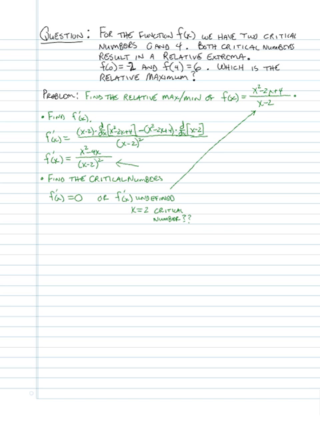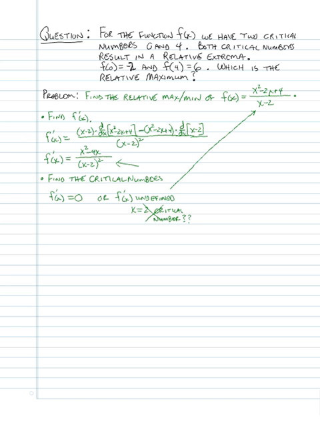But there's no way to have a relative maximum or relative minimum at a value that is not even a valid value for the function. X equal 2 cannot be an x value used for the function. So in this case, we don't need to consider this number x equal 2, because we can't have a maximum or a minimum at this undefined place.